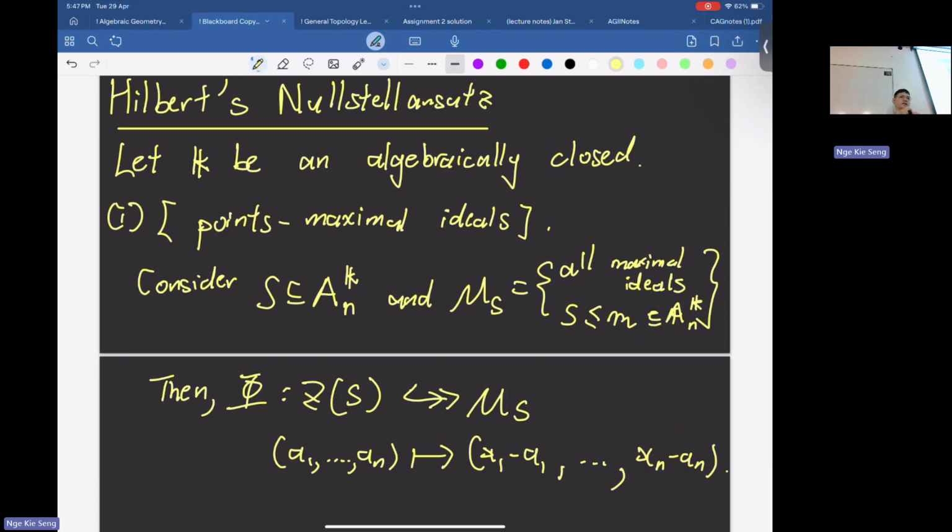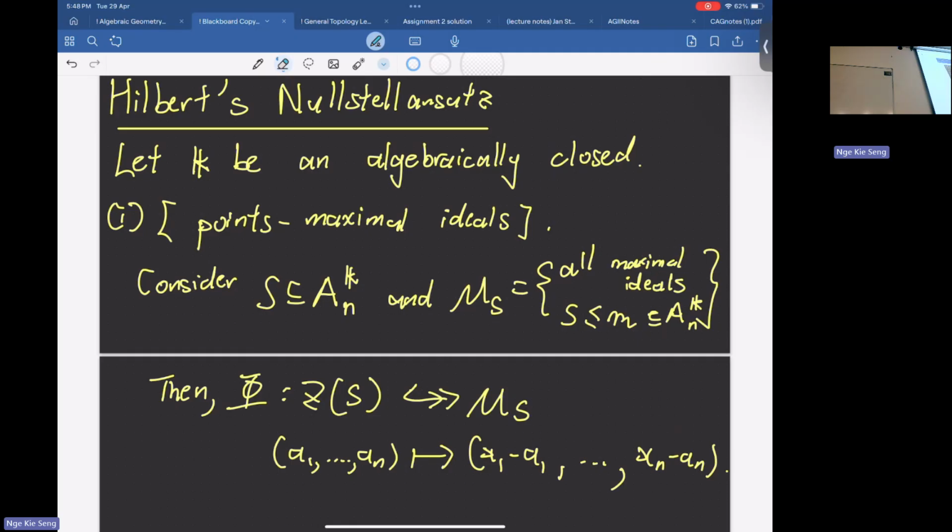Last time we proved that this is maximal, because the polynomial ring looks like an affine space. If you take this ring quotient by this ideal, what do you get? You will get the field. It's the evaluation homomorphism. This is the kernel of the evaluation homomorphism.